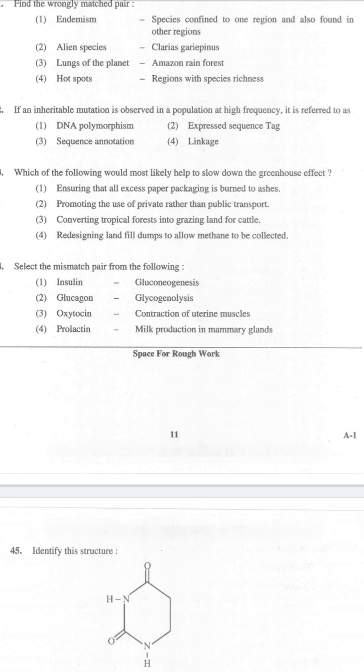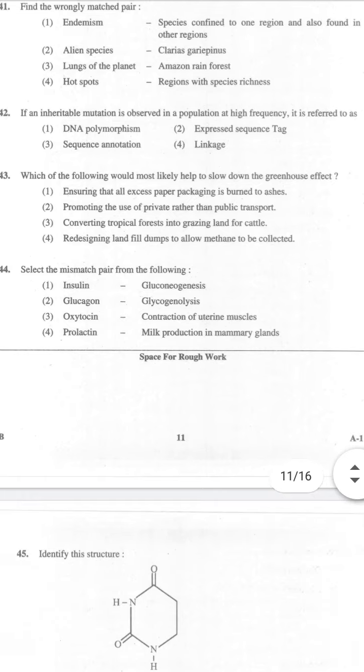Option 2, promoting the use of private rather than public transport. Option 3, converting tropical forests into grazing land for cattle. Option 4, redesigning landfill dumps to allow methane to be collected. Understand? So let's see the correct option from the given 4 options.